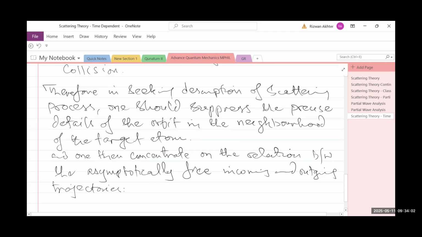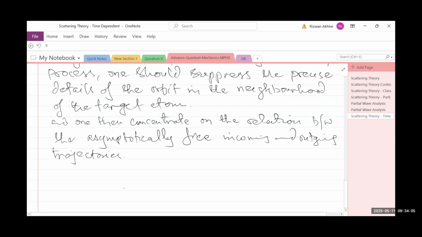OK, so this is what we need. Now you have the understanding of how this time dependent description will be given. We have three regions: one is the incoming region, one is the interaction region, and the third one is the outgoing region. In the incoming region the particles are asymptotically free. In the outgoing region the particles are asymptotically free but carry information about the target. The interaction region is very small, that is, it is a few atomic diameters in extent.